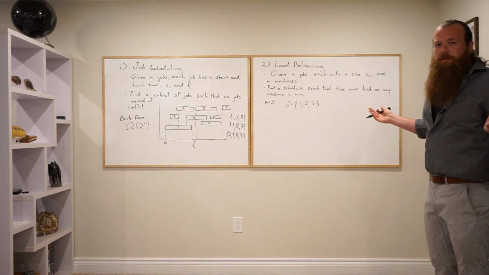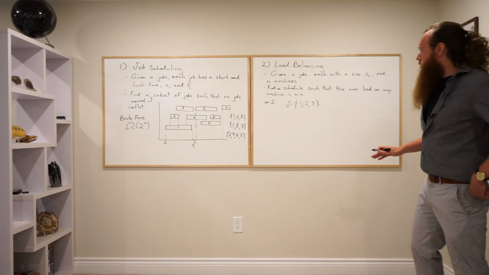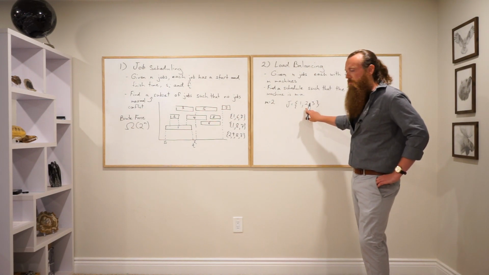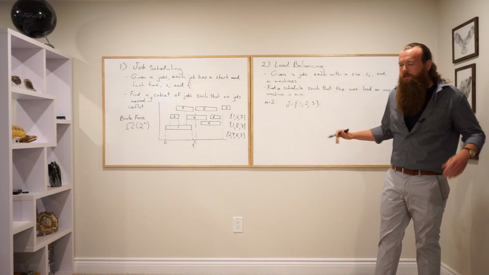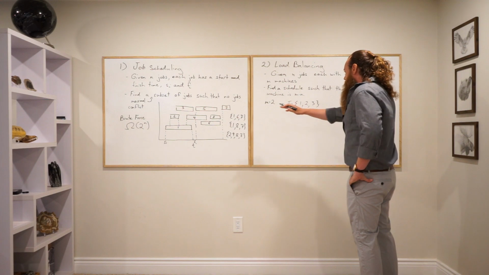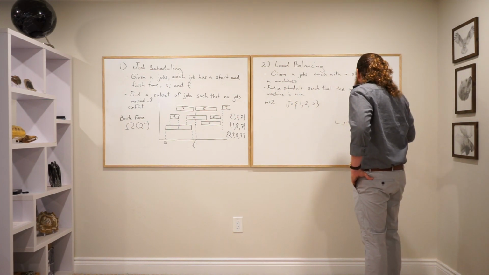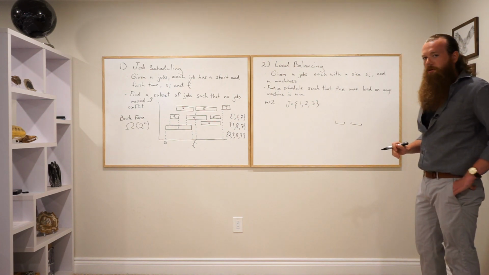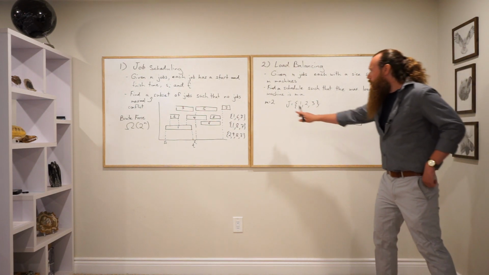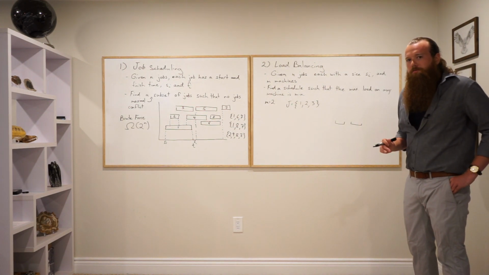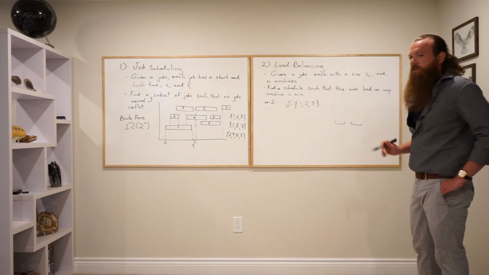And again, maybe if it helps you think about time, let's say this job's going to take 1 second to complete, this job's going to take 2 seconds to complete, this job's going to take 3 seconds to complete. Now the way we draw this one, pretty different from that one, is I'm going to have 2 little open rectangles like this, and this is going to represent my 2 machines. Now let's look at a potential solution or potential schedule.